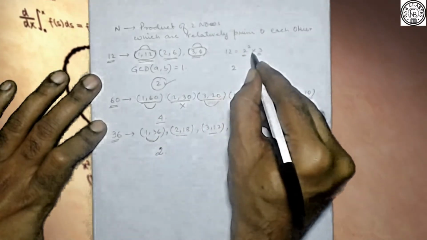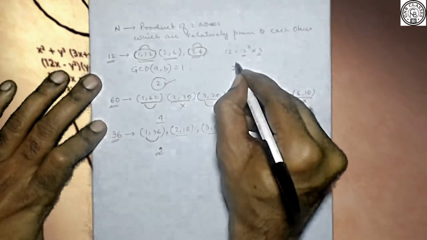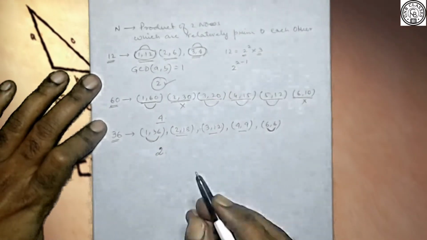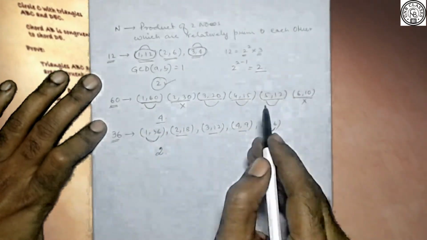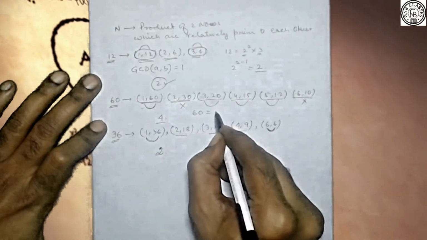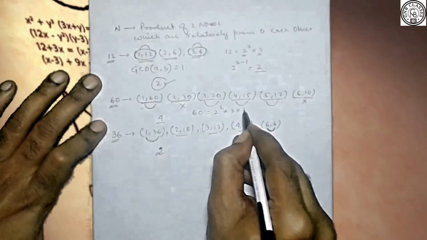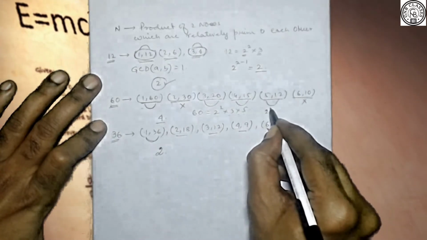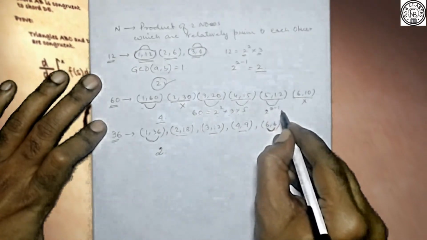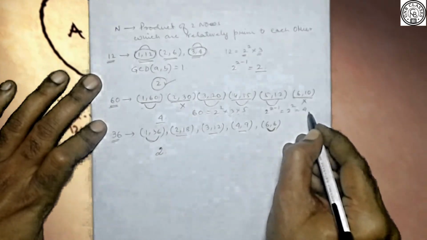This is simple: 2 distinct primes are there, so you just do 2 to the power 2 minus 1. That gives us 2. For 60, it can be written as 2 square into 3 into 5. So there are 3 distinct primes. So the required number will be 2 to the power 3 minus 1, that is 2 square, which is 4. That's exactly what we got.